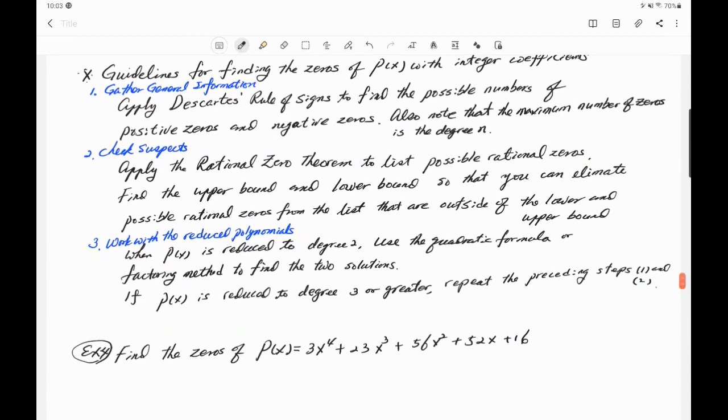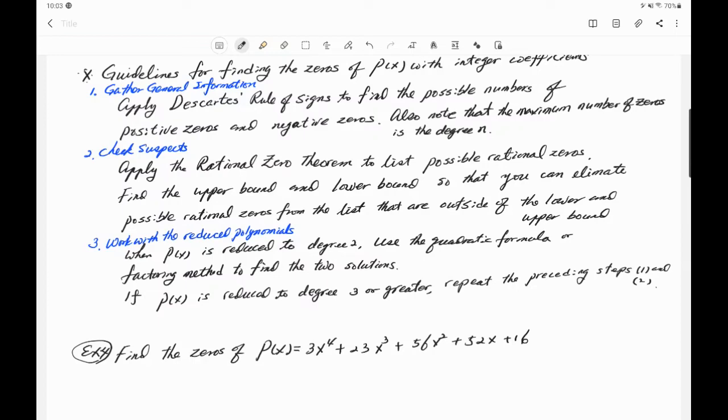And then number 3 is to work with the reduced form. Once we find a zero, using synthetic division, the last row is a reduced polynomial. From the reduced polynomial, we repeat this process, doing number 1 and number 2, until we have a polynomial of degree 2.